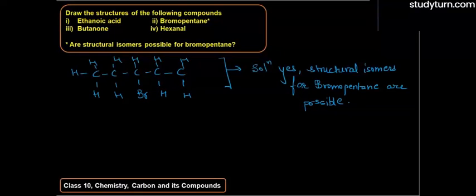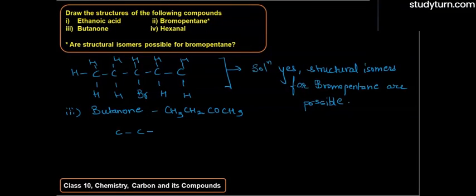Then further we will solve the third sub part, that is structure of butanol. Okay, so structure of butanol is, its formula is CH3CH2COCH3. Okay, COCH3, that is a ketone group. Now let us draw the structure.